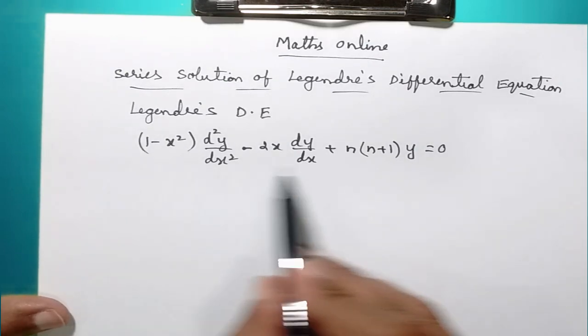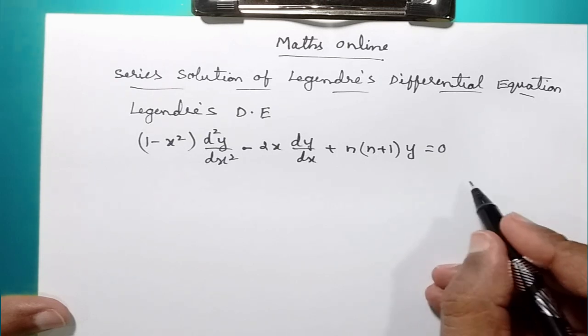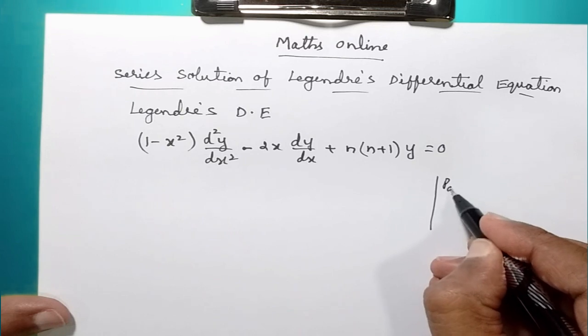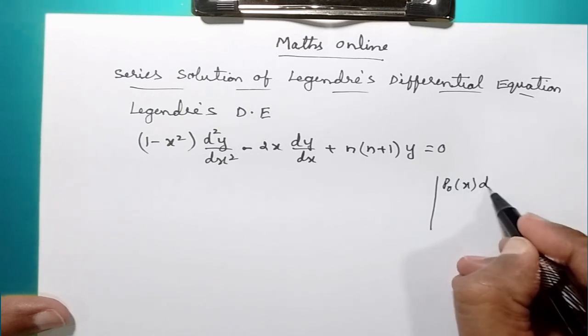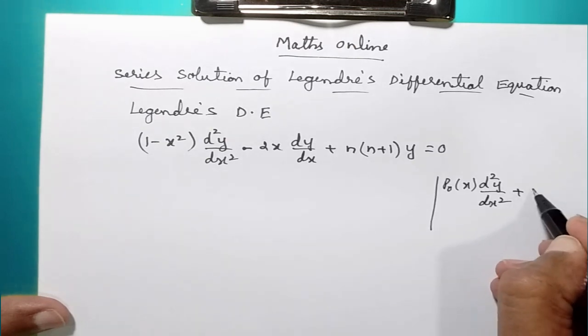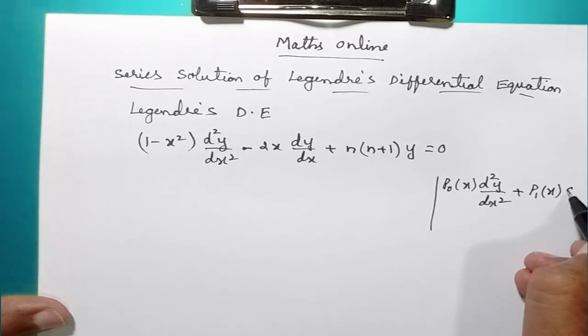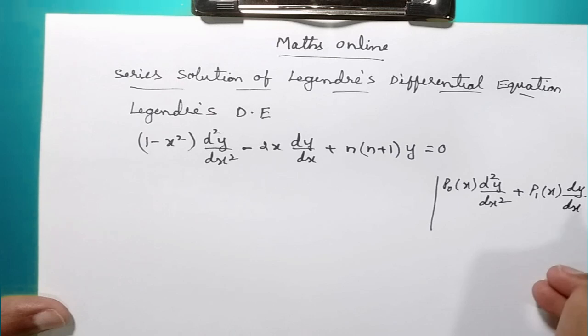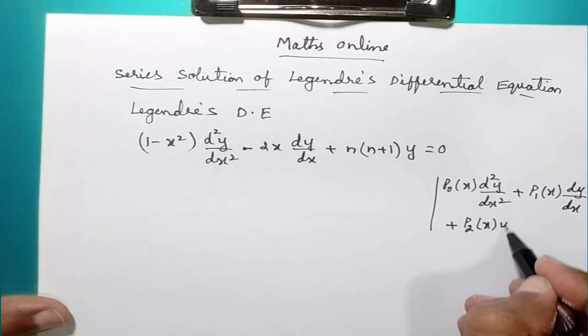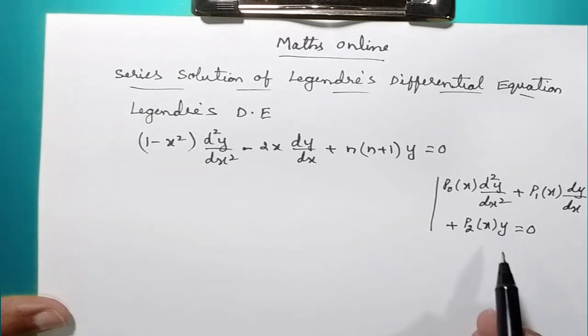If you try to compare this equation with the general equation that I have given you earlier, the general equation for power series was p naught of x into d square y by dx square plus p1 of x into dy by dx plus p2 of x times y is equals to 0.